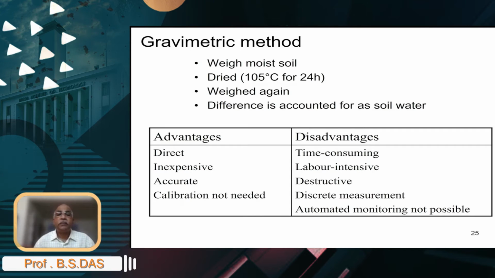It is a discrete measurement, so coverage of the total area is almost impossible. You can take just so many samples, and there will be distance between two sampling locations. No automation is possible because after all, you have to take that soil and move it somewhere in the laboratory to do that measurement.